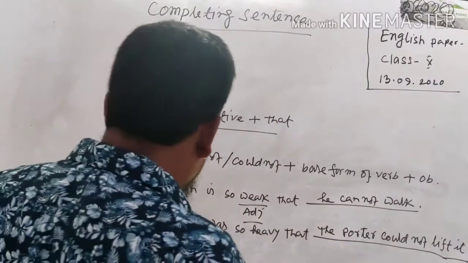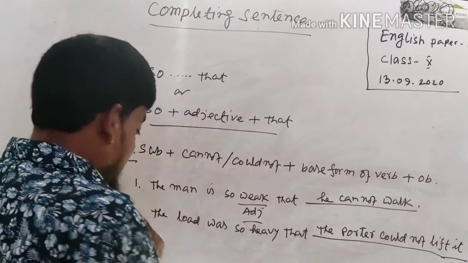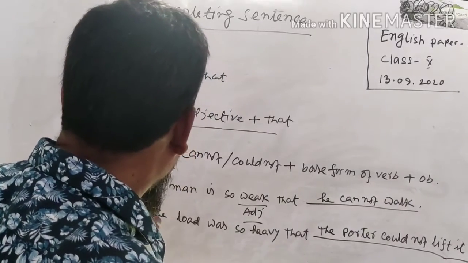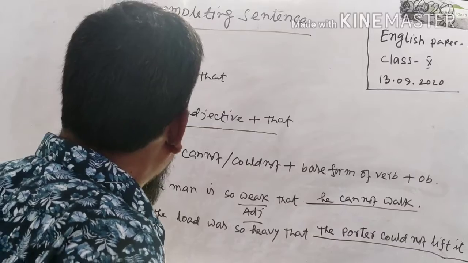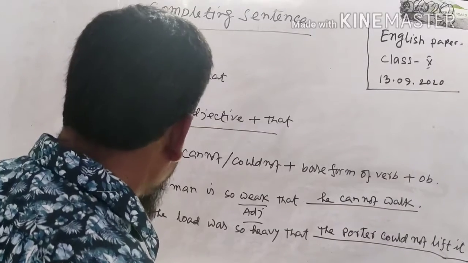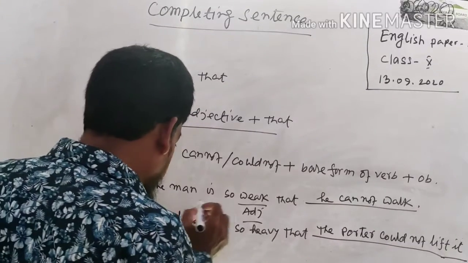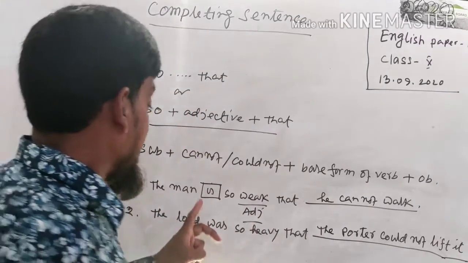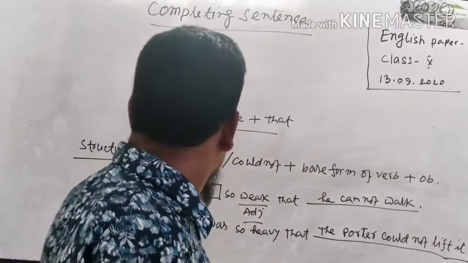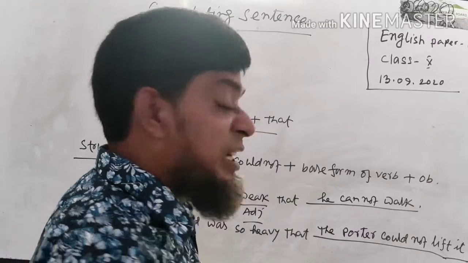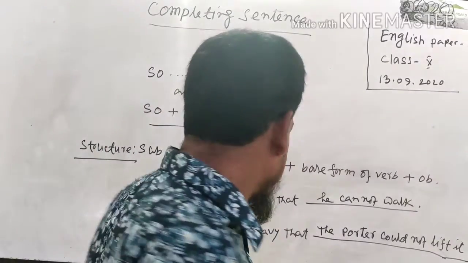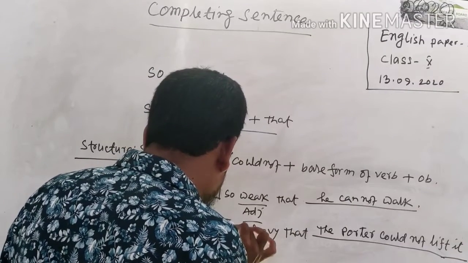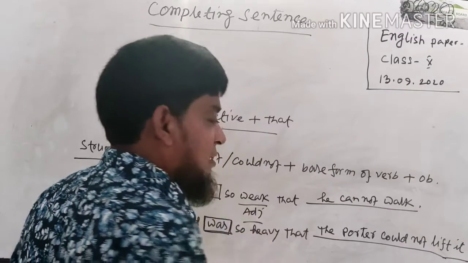We have to notice that there are two sentences on the whiteboard. The first sentence is present tense, because the main verb is "is", and in the second sentence the verb is "was".